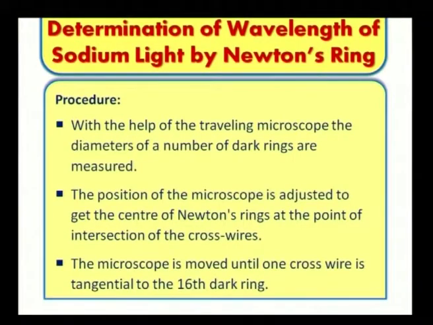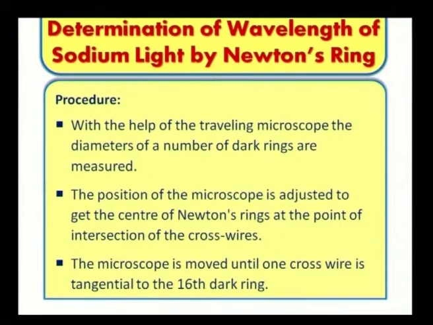That difference will give you obviously the diameter of the 18th ring. Similarly, you can get the diameters of the 15th, 12th, 9th, 6th and 3rd rings. So, you get the diameters of the various rings.